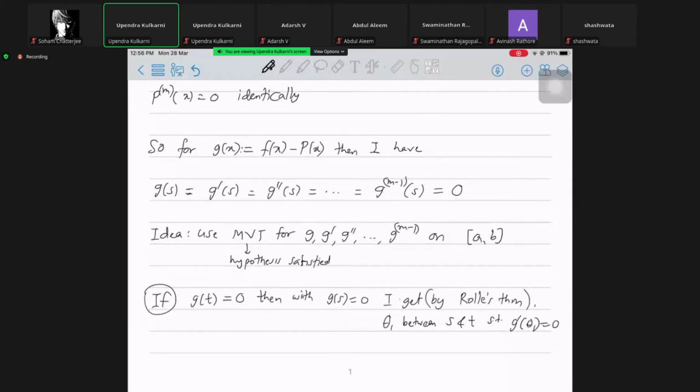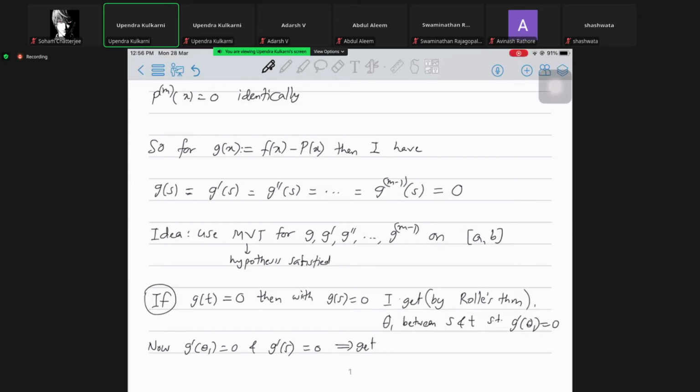And now I have a cascade process. So here is the issue. Now, g prime of theta 1 is equal to 0 and g prime of s is equal to 0. So what do I get? Remember, theta 1 is between s and t.